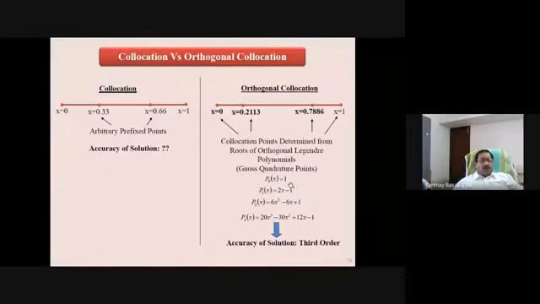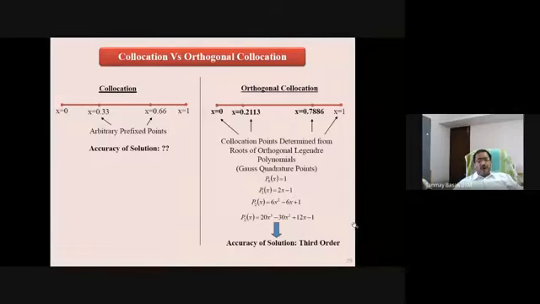So the first part of my lecture will revolve around the OCFEM, which is called the orthogonal collocation finite element method, which is based on the collocation technique. That means the weighting function is nothing but the delta function. When we talk about collocation, we can have equi-spaced collocation points, but orthogonal collocation points are based on the roots of an orthogonal polynomial, and orthogonal polynomials are constructed based on Gram-Schmidt orthonormalization.